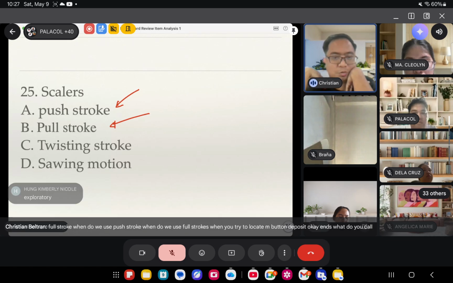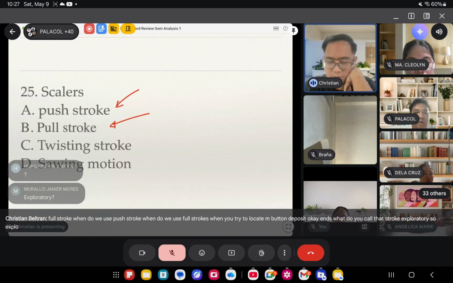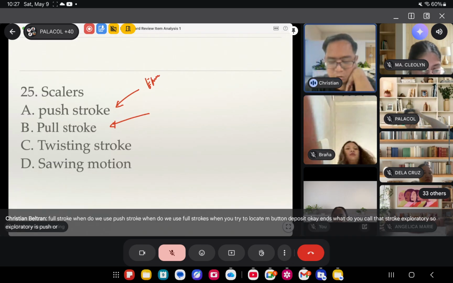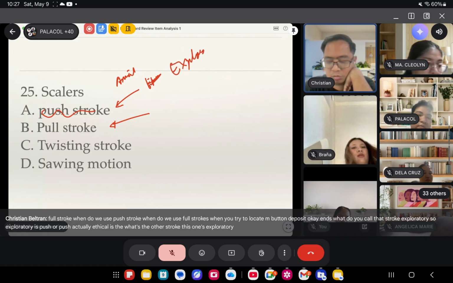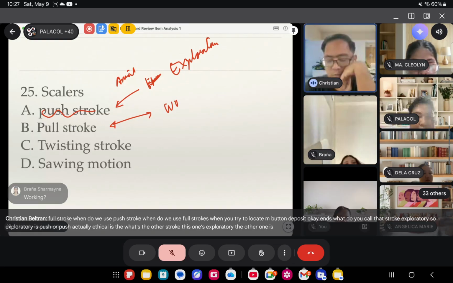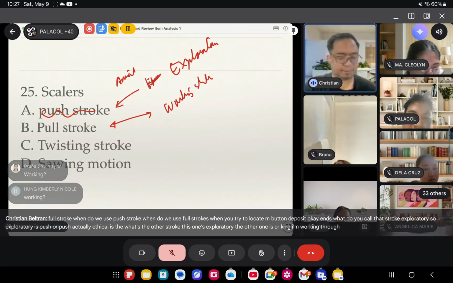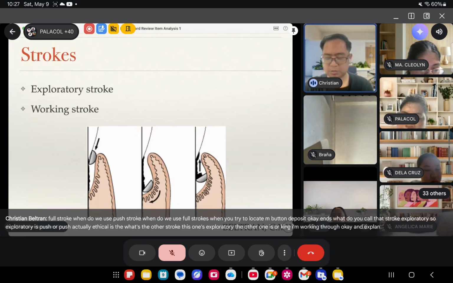What do you call that stroke? Exploratory. Actually it's not push, it's apical. You're not pushing the deposit. Then the pull stroke, what's the other stroke? This one's exploratory. The other one is working. Working stroke. Okay? Exploratory and working stroke.